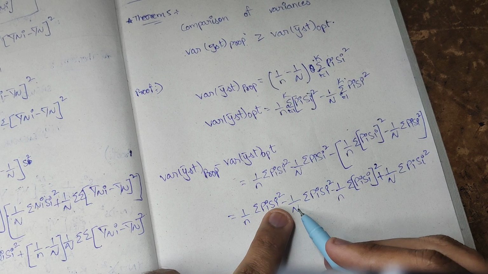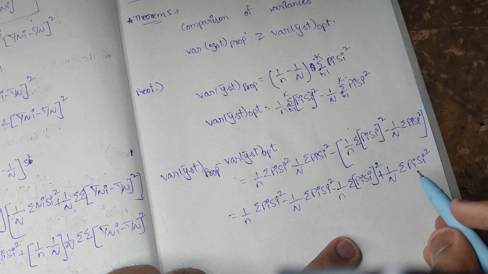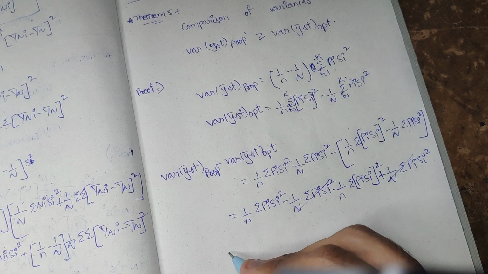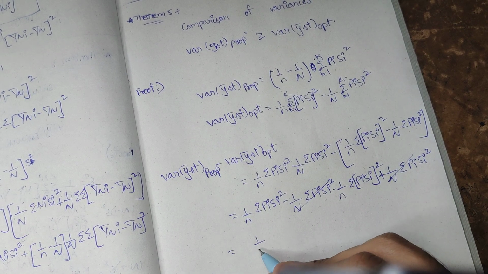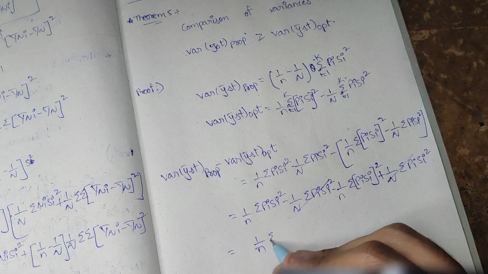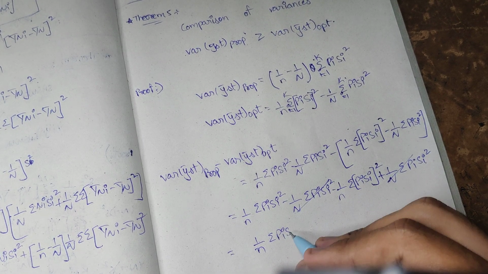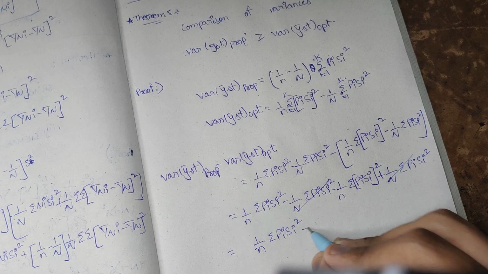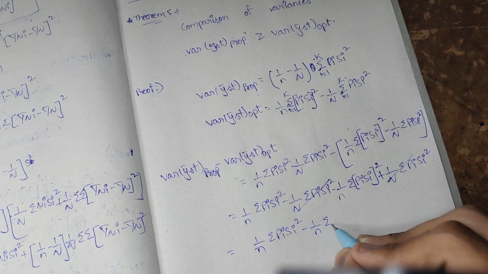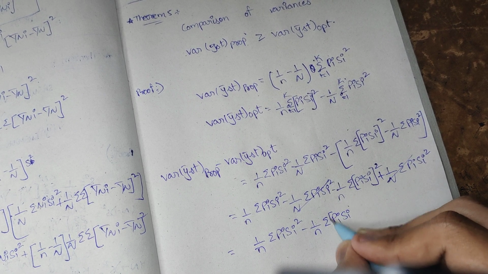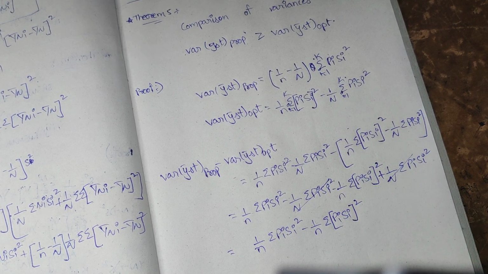Now the minus 1 by capital N and the plus 1 by capital N terms will both get cancelled. Then 1 by n summation pi si square minus 1 by n summation pi si whole square will be the leftover terms.